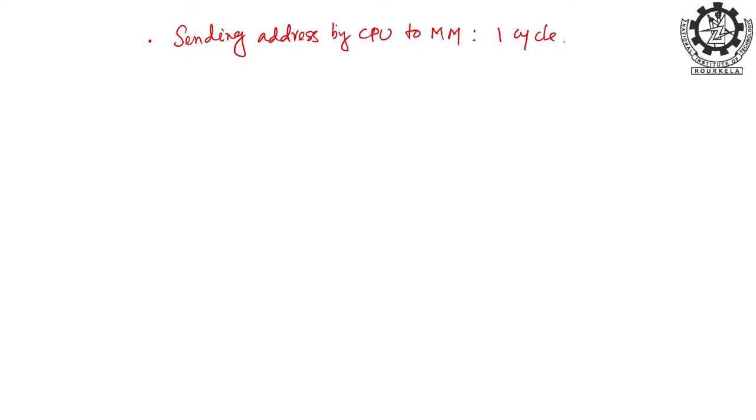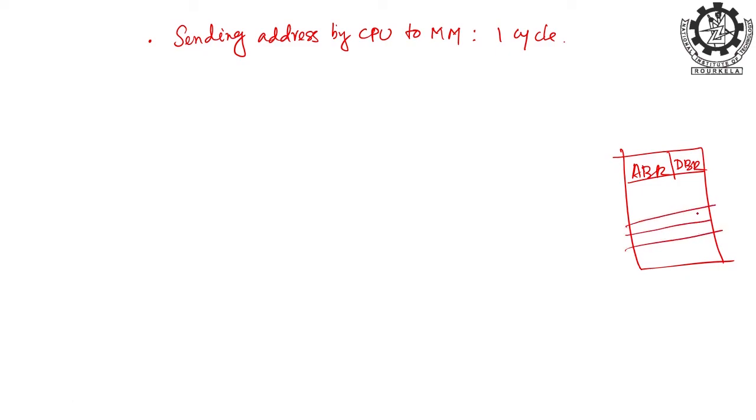Now, to fetch the first word from the memory module, here we have the address buffer register and the data buffer register, and you can consider that we want to access data from here.